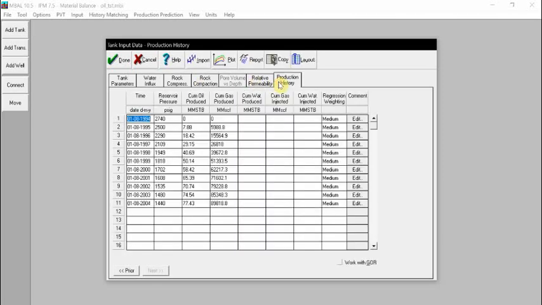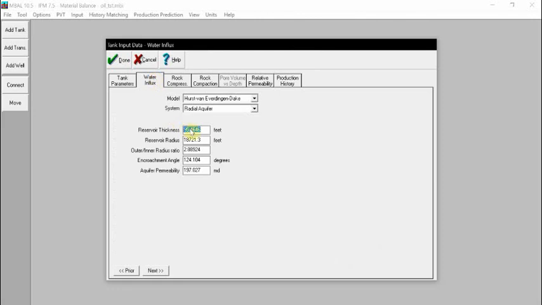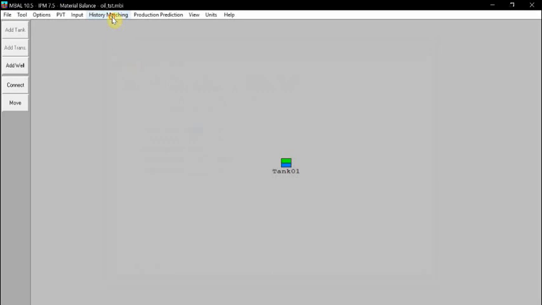If you have a production history, that would help a lot, because if you don't have your water influx data, for this example I'm using a radial aquifer, you can get it from the production history.